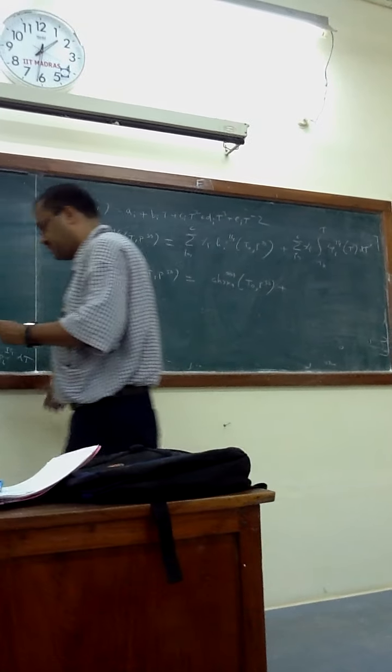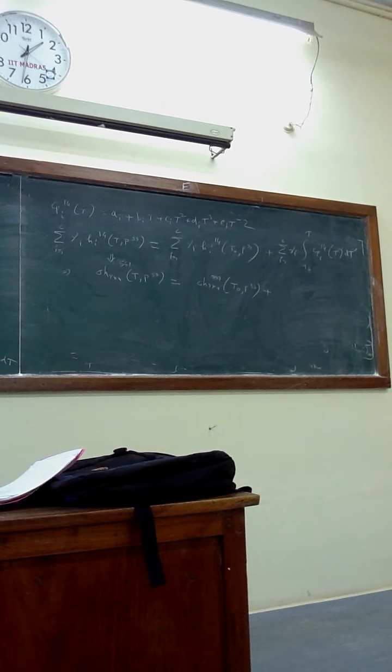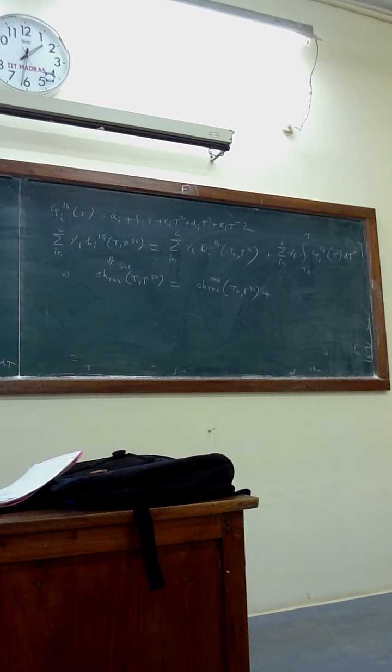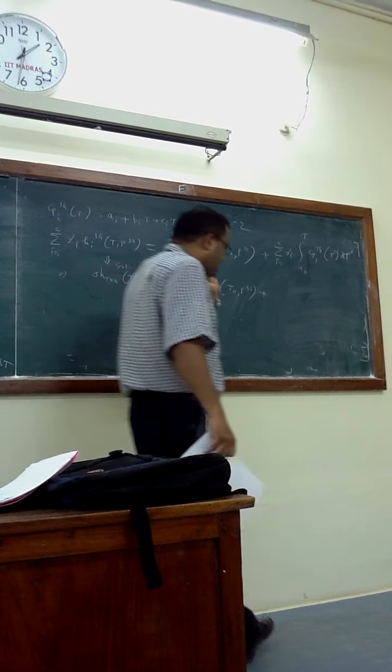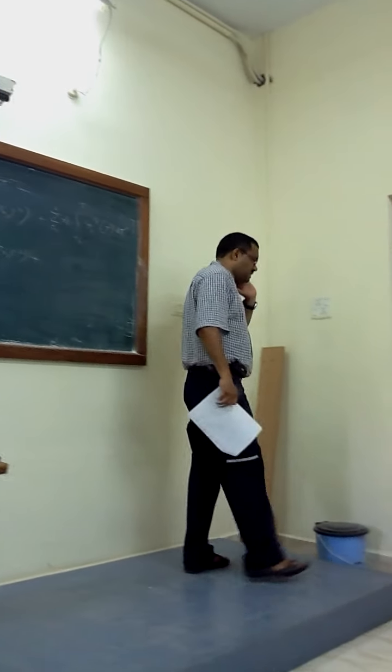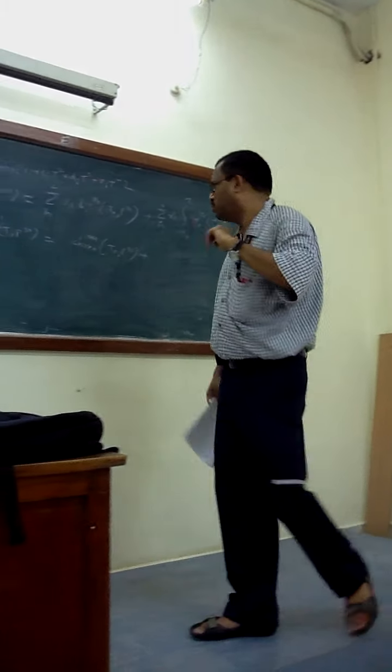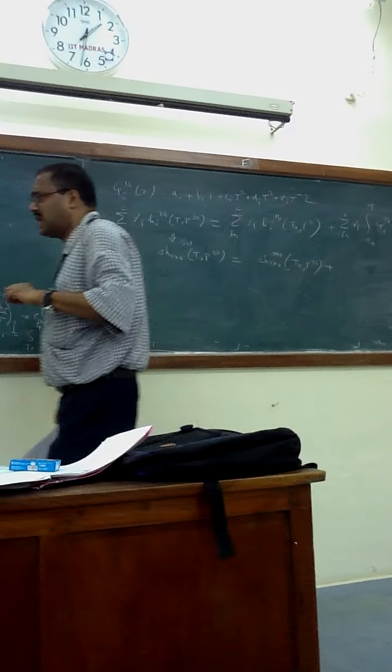The interesting term is this. What will be the term? The Cp^IG formula is given: A_i plus B_i T plus C_i T square plus D_i T cube plus E_i T to the power minus 2. Please write in terms of delta.